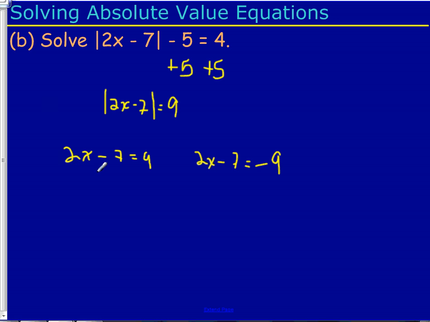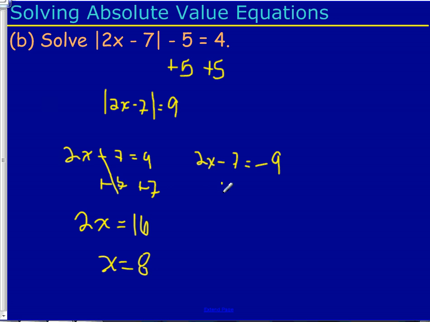Okay, so I'm going to add 7 to both sides. So I'm going to get 2x equals 9 plus 7, which is 16. So my x is going to equal 8.